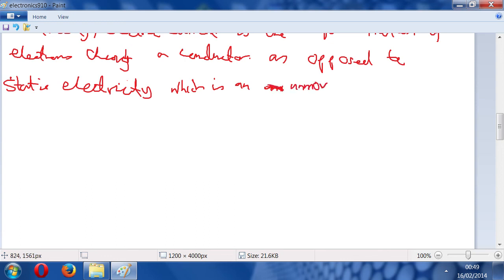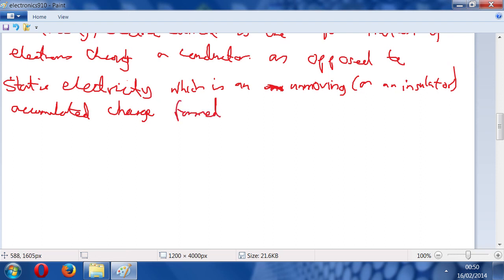I did say it's unmoving, but of course, if it's on a conductor, then there would probably be a huge discharge. So it's unmoving on an insulator. Accumulated charge.